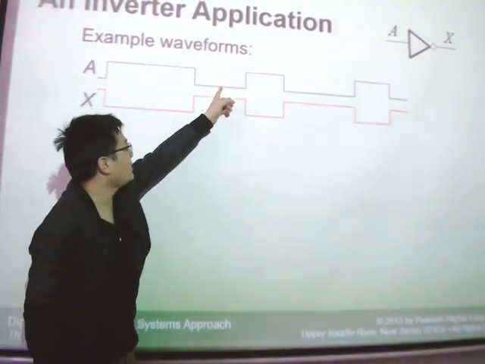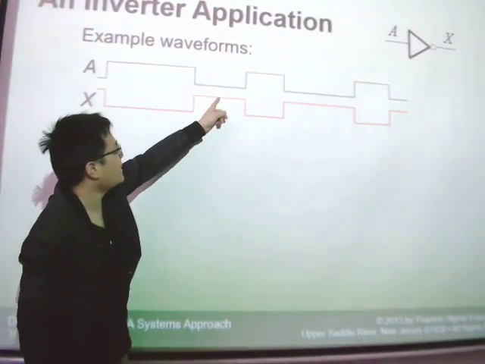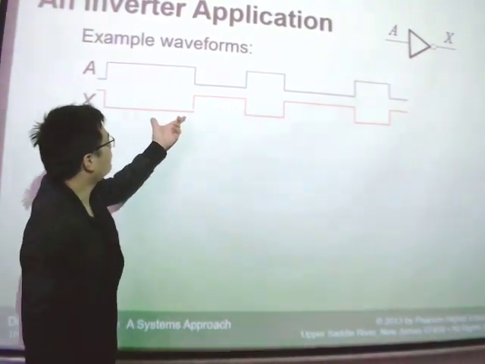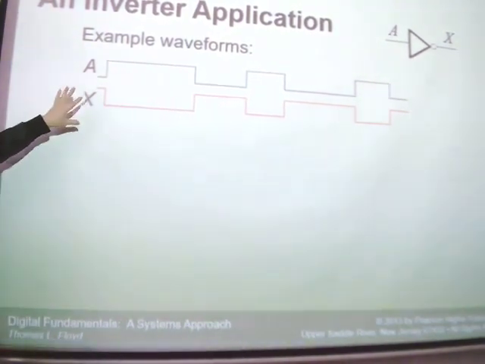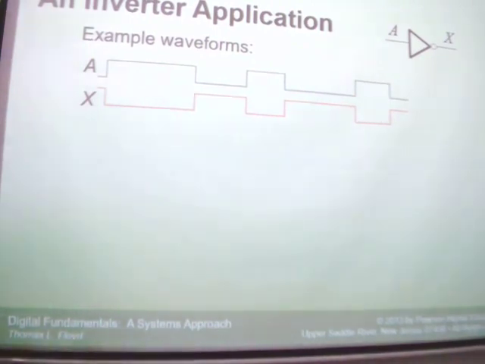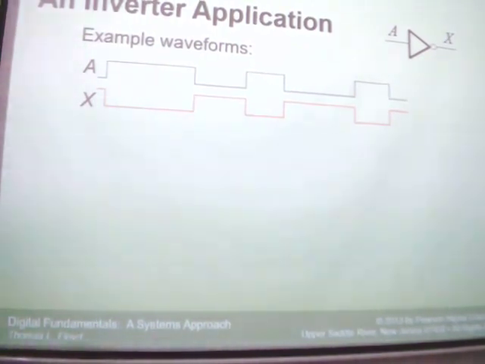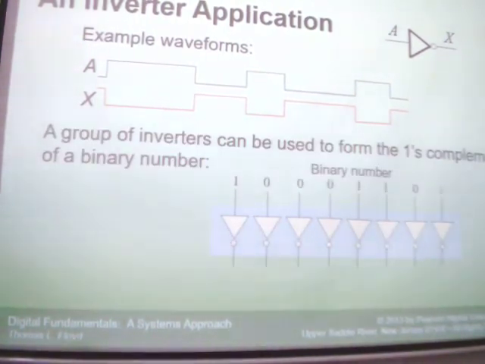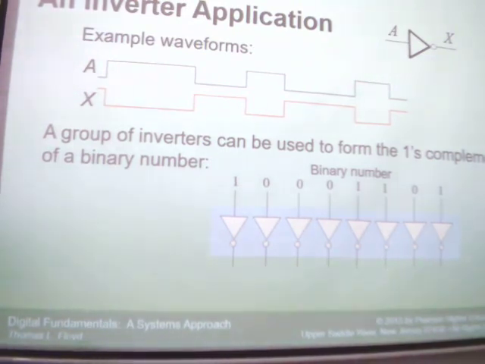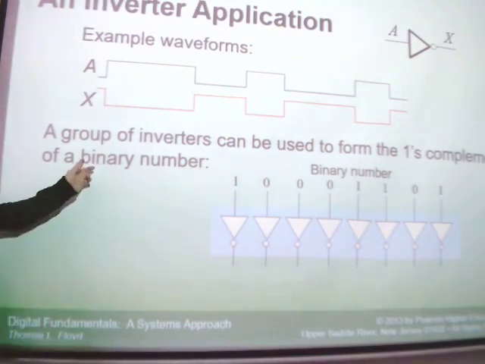If the value of A is low, then the value of X is high. So the waveform is inverted to A. A group of inverters can be used to form the ones complement of an unsigned binary number.